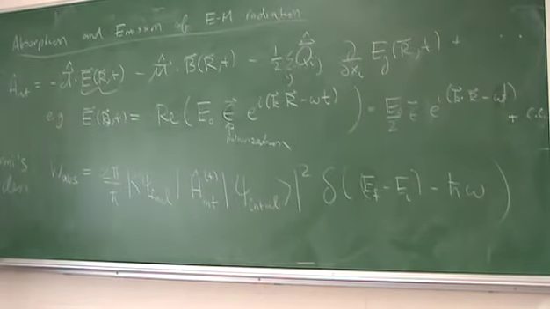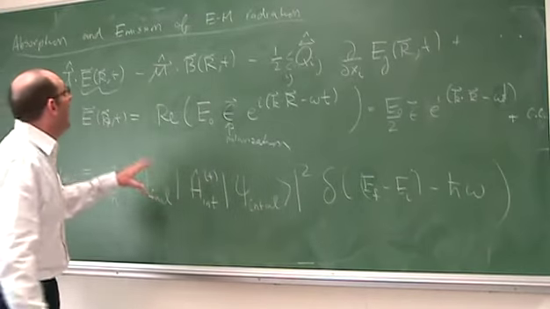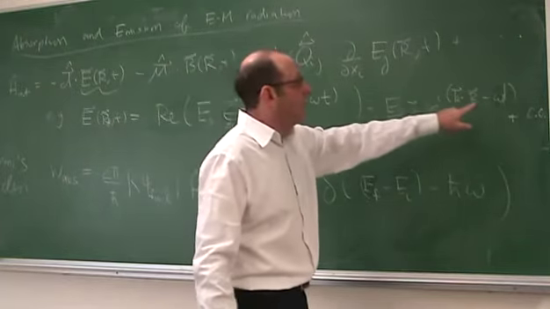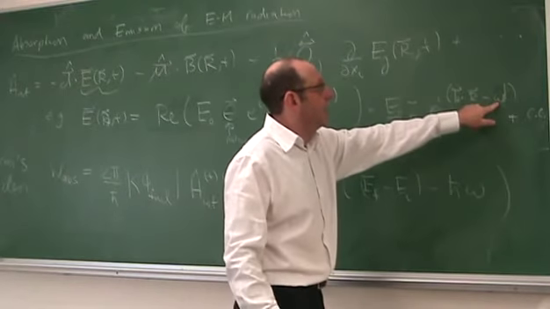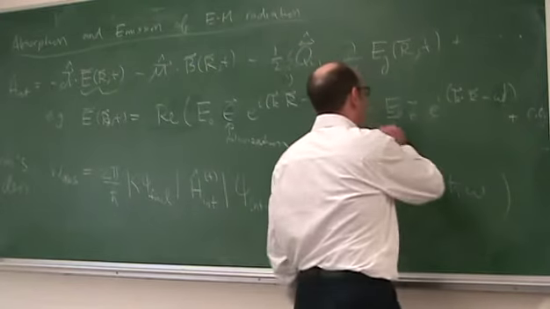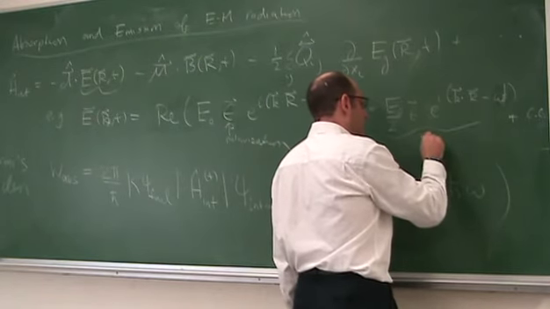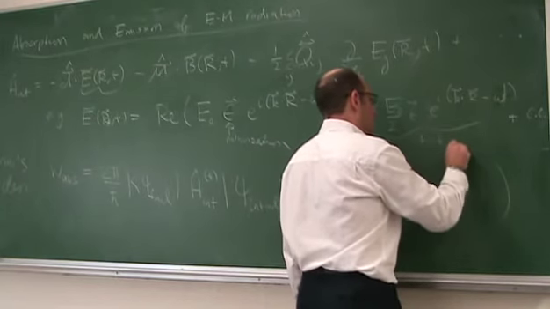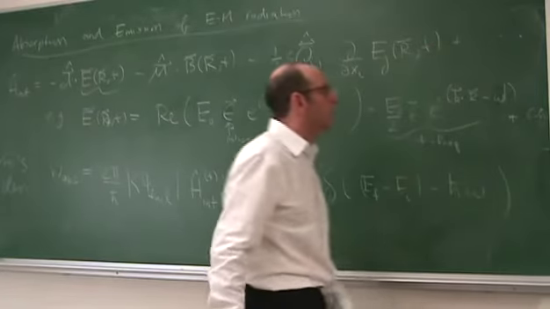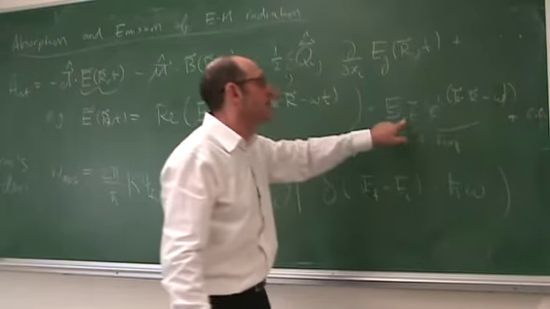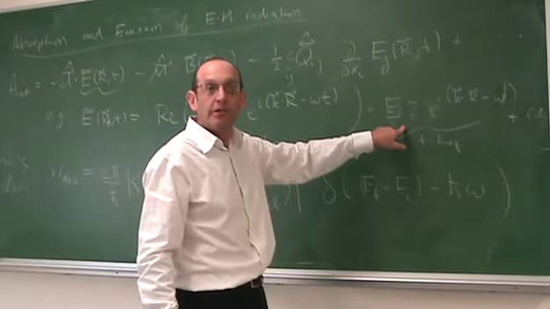What do I mean by H plus? Well, here I have two pieces. If I have a wave, I have a part that is associated with this, and the conjugate. This part gives rise to what's called the positive frequency component, and this is the negative frequency component. This part would have to do with emission. This part has to do with absorption.